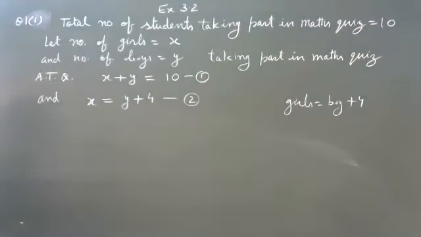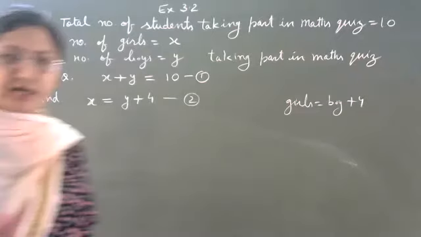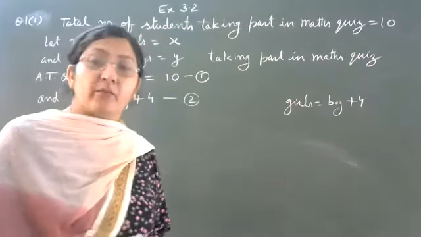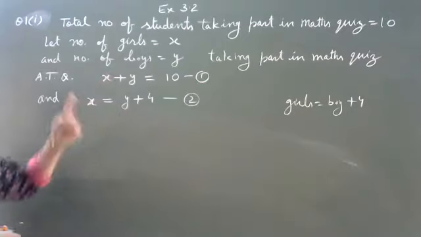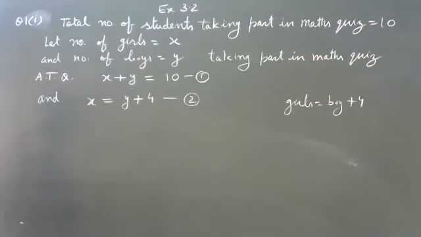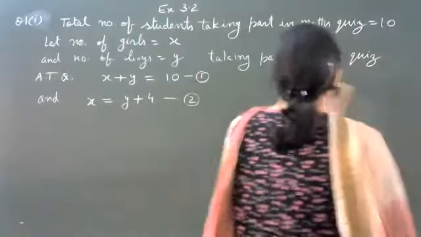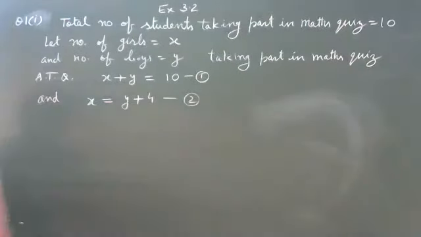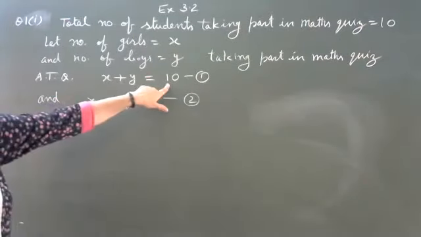Now, when you have to plot the graphs of equations 1 and 2, we require minimum 3 points. According to the first equation we need 3 points, and for the second also 3 points. So we have to draw the table. First is x plus y is equal to 10.